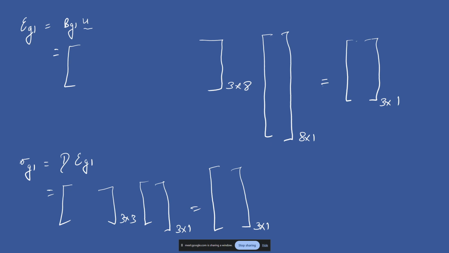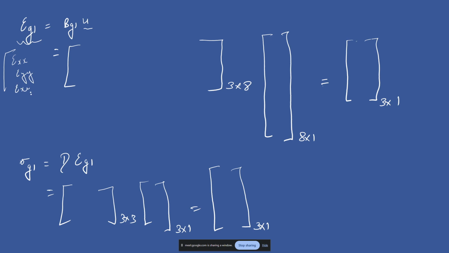So for node 1, you can calculate this strain tensor matrix, which is epsilon xx, epsilon yy, epsilon xy, right? And what has been asked next in the question? Sigma xx, sigma yy.